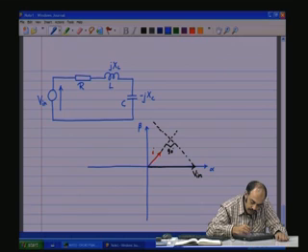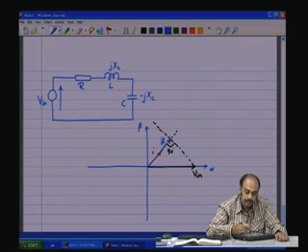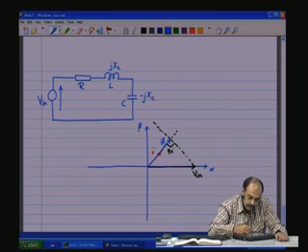So, I into R, let us say, is this vector I into R. Now, along this, rotating by j would be jXL, and along this, rotating by minus j would be jXC, because minus j rotates it by minus 90 degrees, jXL rotates it by plus 90 degrees.